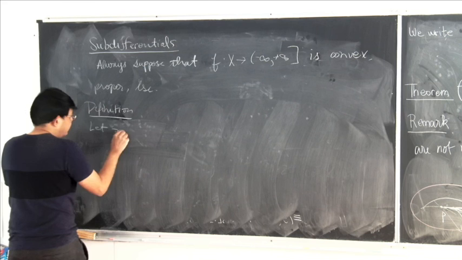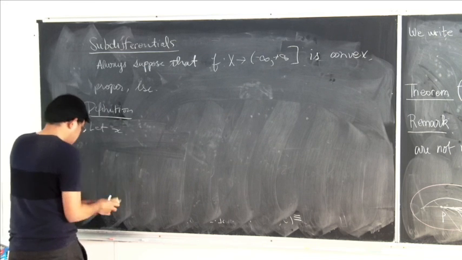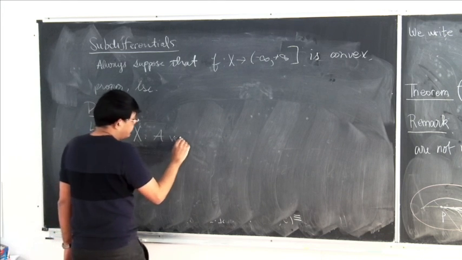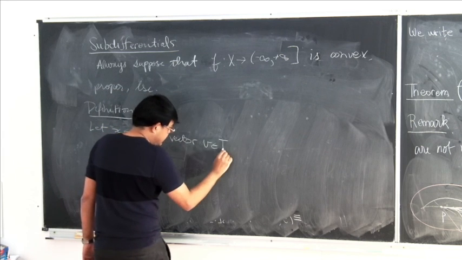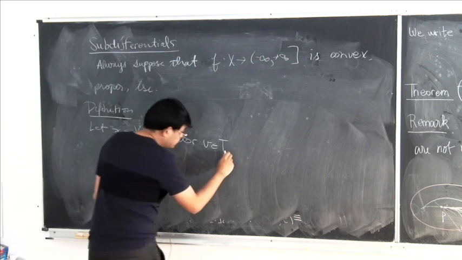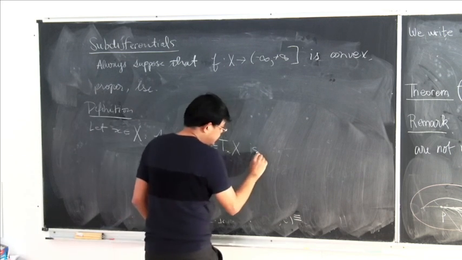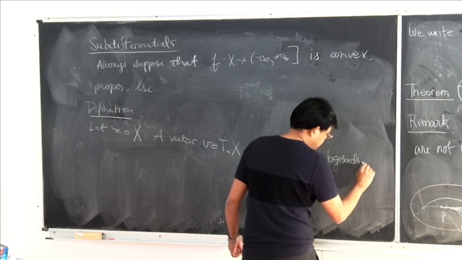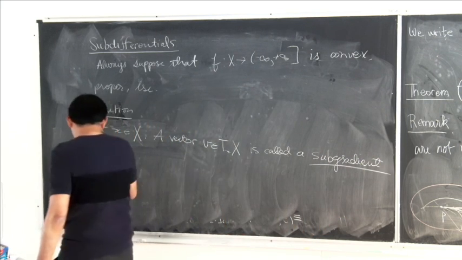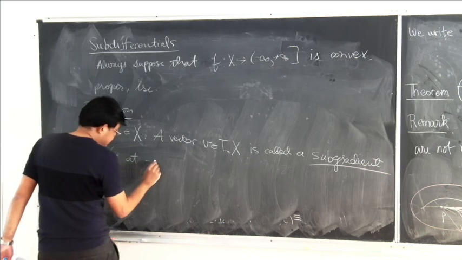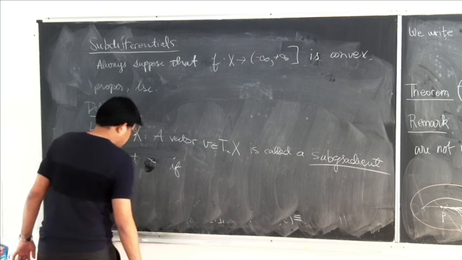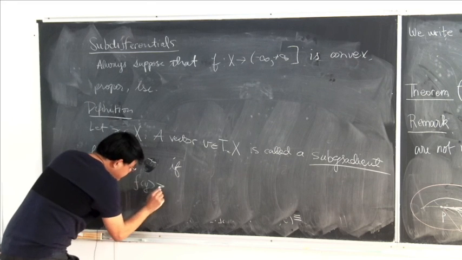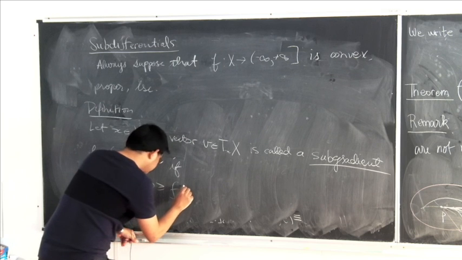Let x be a point in X. A vector v inside the tangent space at x is called a subgradient of f at the point x if the following inequality holds.